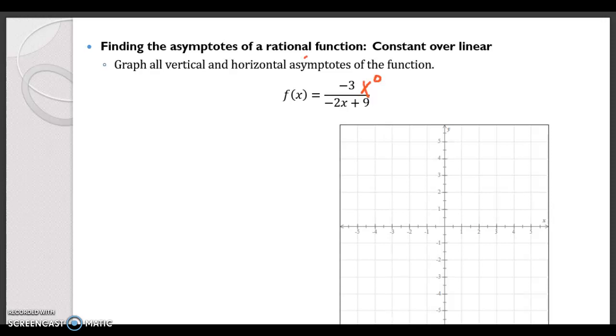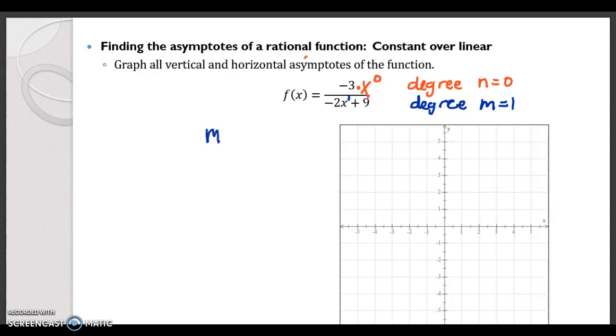So -3 is a constant, and x to the 0 is just 1, so we can say, hey, the degree of the numerator, n, equals 0. What's the degree of the bottom? Well, this is x to the 1 power, so the degree of the denominator is m equals 1.